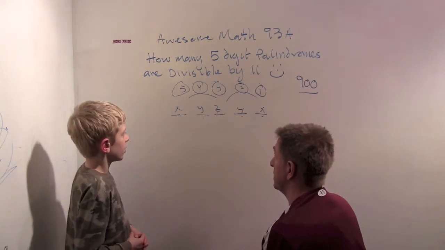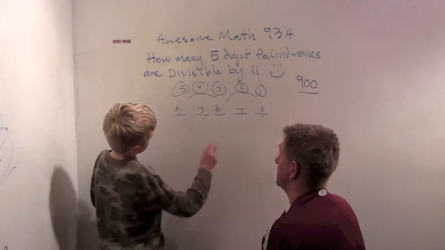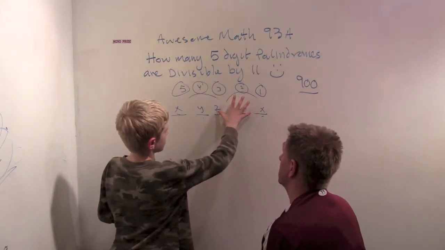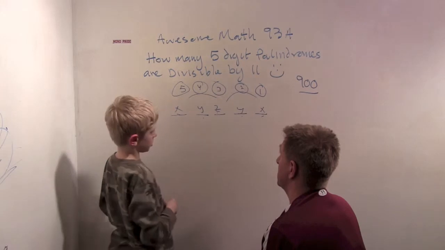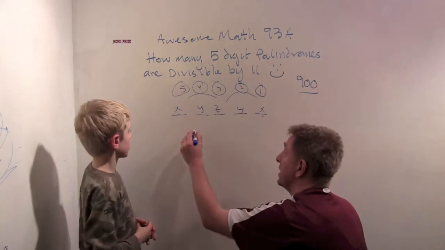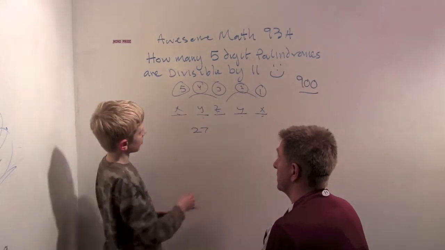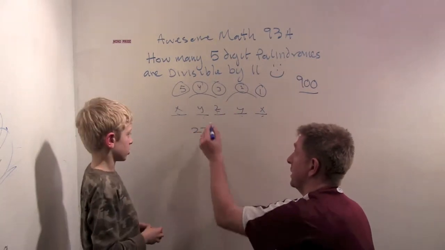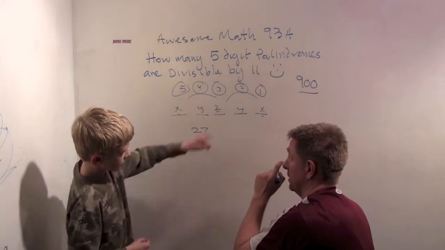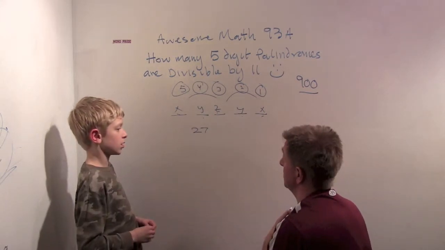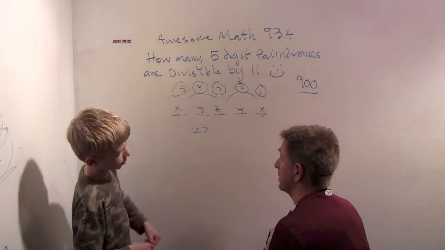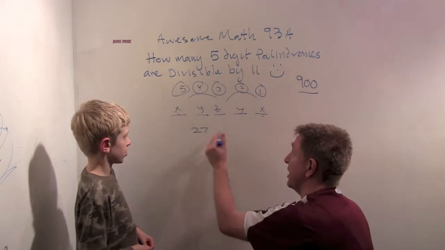Why not? Because the maximum these digits could be is 27. So the maximum of the odd-position digits is 27, and that's not the maximum of the result, because you have to subtract the other digits. The minimum you can subtract is 0 and 0.